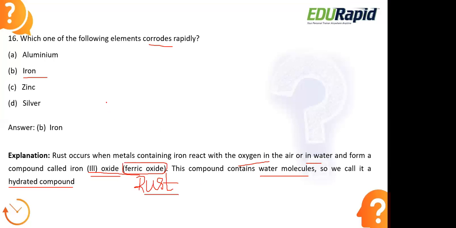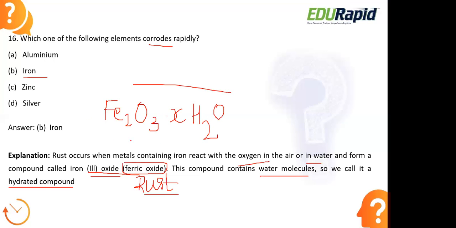So for the formation of rust, we have the molecular formula Fe2O3, which is iron oxide, with X number of water molecules. It is going to hydrate with the water molecules, which is the formula of rust here.